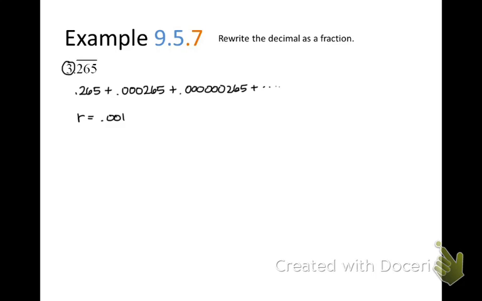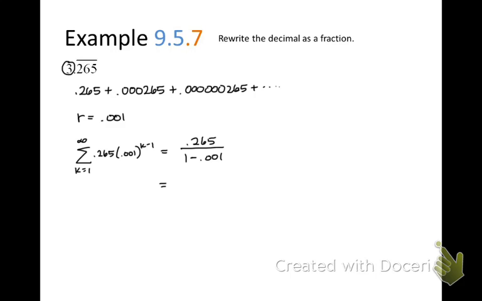So, can I find the sum of that thing then? The sum, as k goes from 1 to infinity, of this sequence, which is going to be 0.265 times 0.001 to the k minus 1, right? Use my formula, what is it? A sub 1, 0.265, all over 1 minus my ratio.